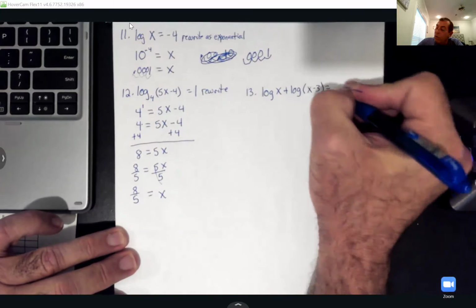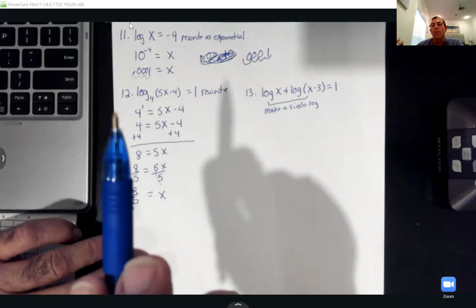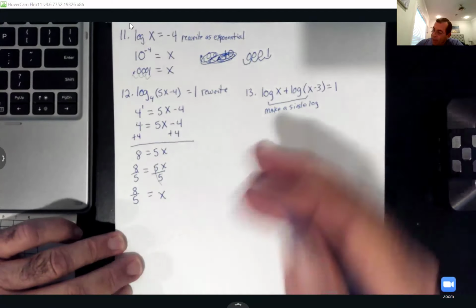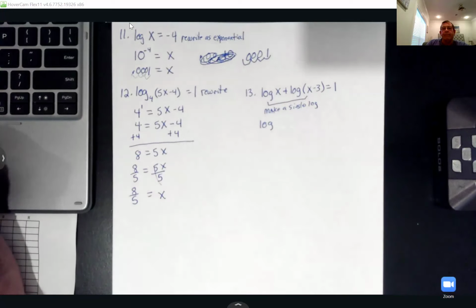So I'm going to make this into a single log. So the question is, since these are being added, do I want this single log to be a product or a quotient? So how about that? Product or quotient?